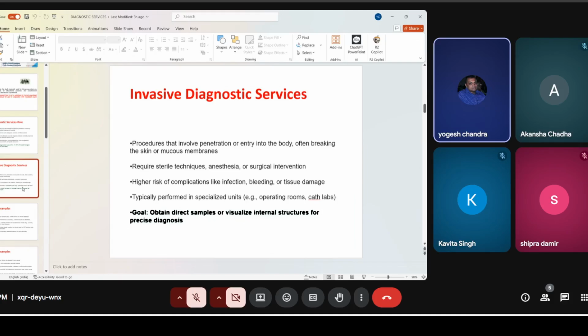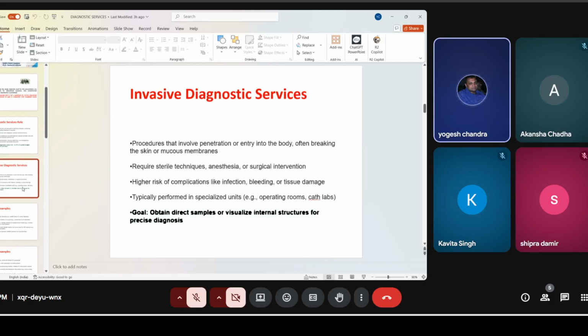Okay, and in these invasive diagnostic services, there is a higher chance of complication, as is clearly understood. When you are penetrating the body, inserting something inside the body, and it is not properly sterilized, there is a high chance of infection.